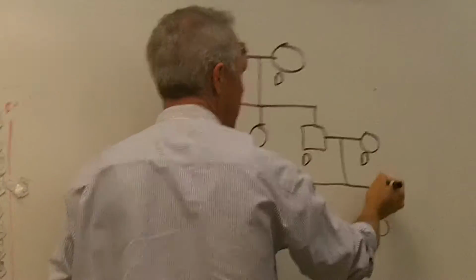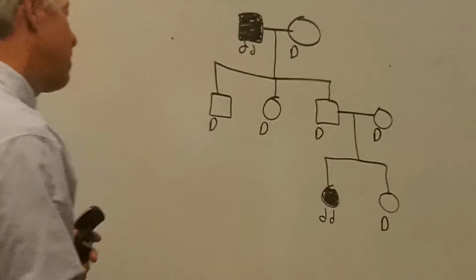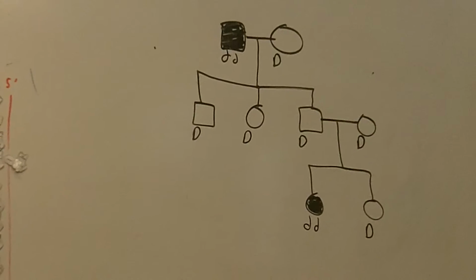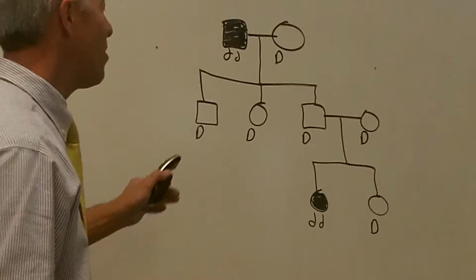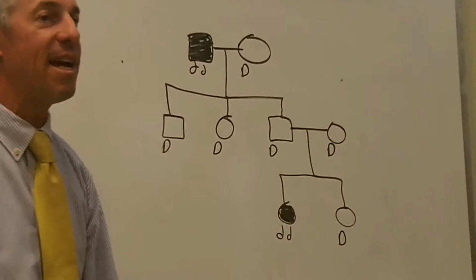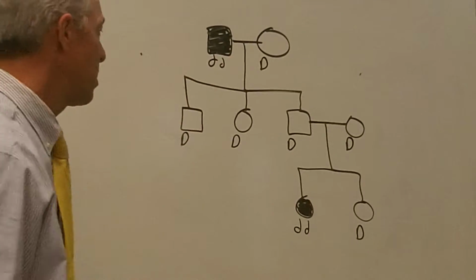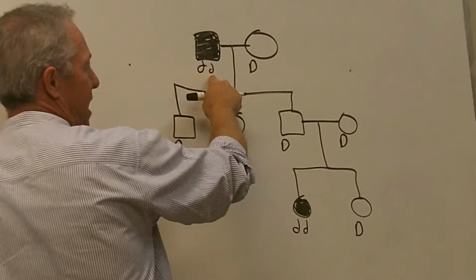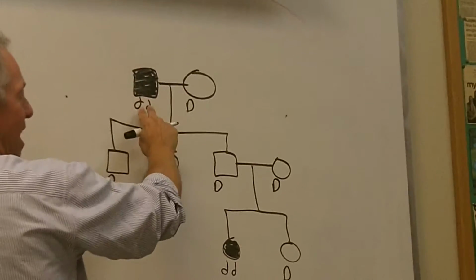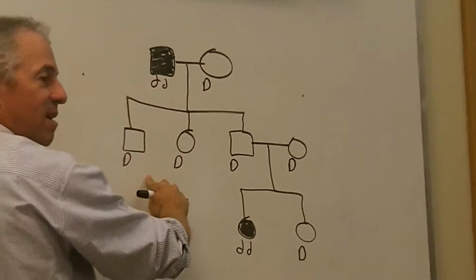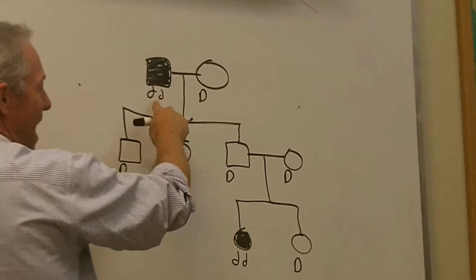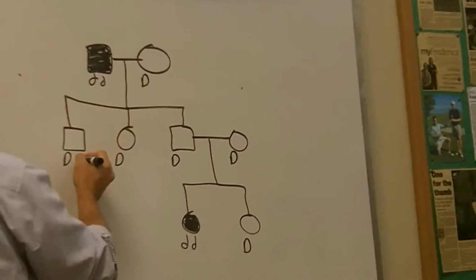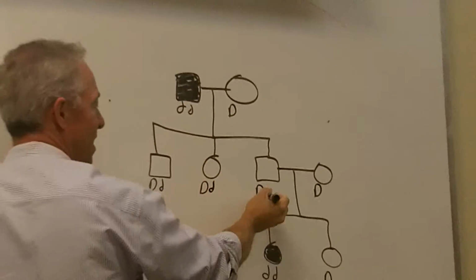So you know they have one big D. Now we got to figure out the other. How do you figure out what the other one is? Punnett square. You look at the kids, you look at the parents. Here's a parent that's little d. Don't they have to give one of those genes to their kids? Mm-hmm. Every one of these kids had to get a gene from this parent. So that's big D, little d, that's big D, little d, that's big D, little d.